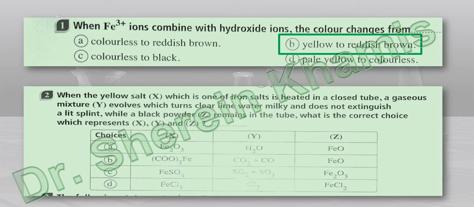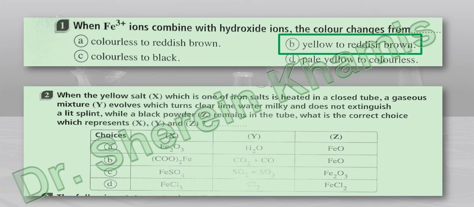A gaseous mixture Y evolves, which turns clear lime water milky and doesn't extinguish a flame, it means it will be put off, while a black powder Z remains in the tube. What is the correct choice here, which represents X, Y, and Z?